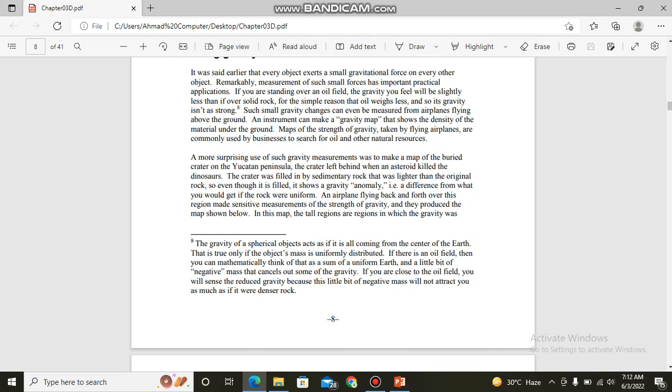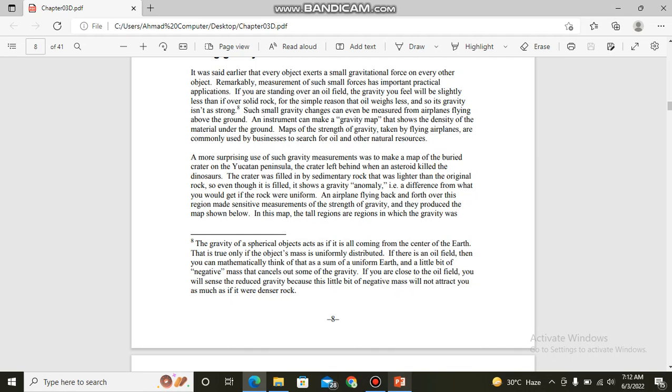If there is an oil field, you can mathematically think of that as the sum of the uniform Earth and a little bit of negative mass that cancels out some gravity. If you are close to the field, you will sense the reduced gravity because this little bit of negative mass will not attract you as much as if it were a denser rock.